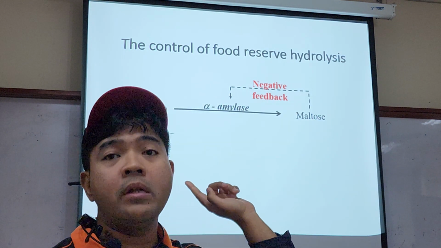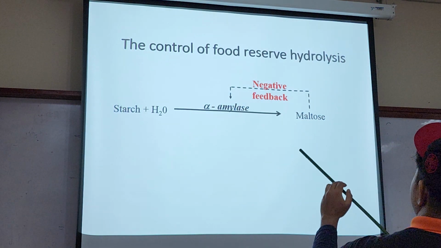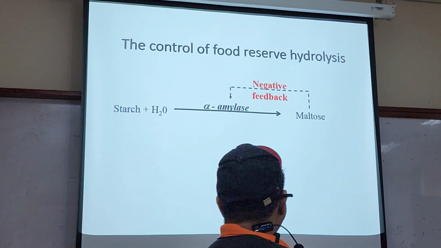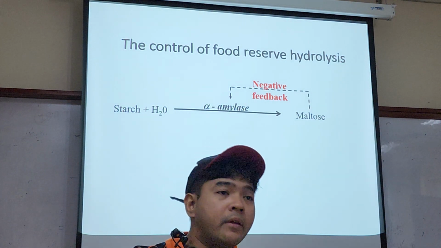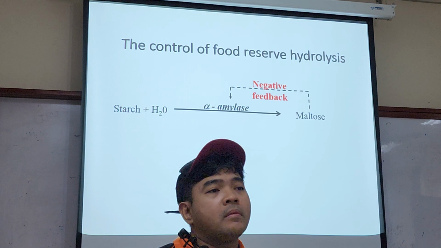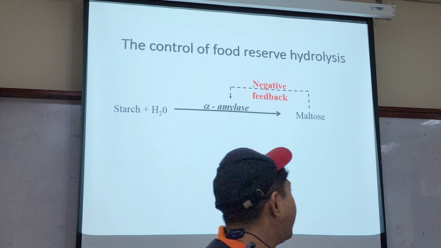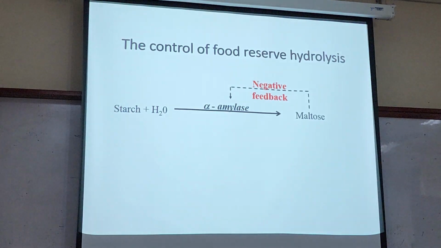Upon rehydration, seed imbibition, you're going to see that this is going to activate the alpha amylase. Alpha amylase is an enzyme that breaks down what? Carbohydrate lah. Yeah. So you get your maltose. Maltose, what kind of sugar is that? Yeah, so it's a disaccharide.